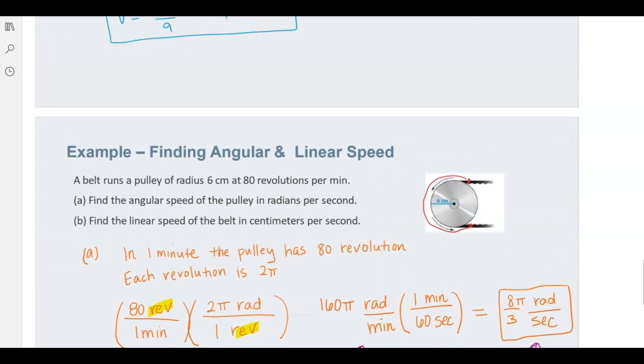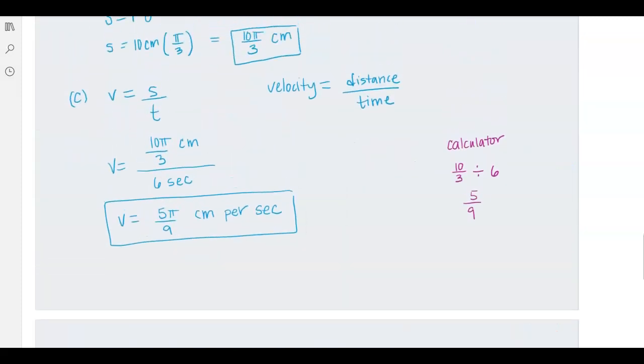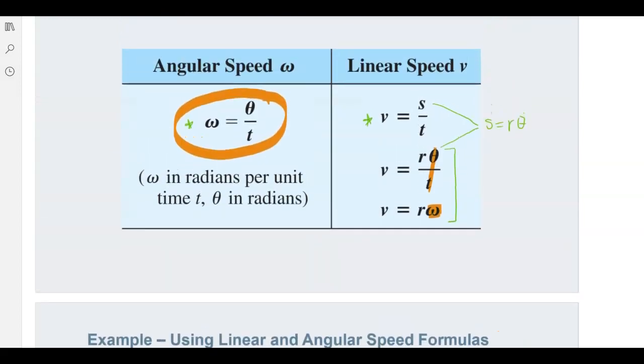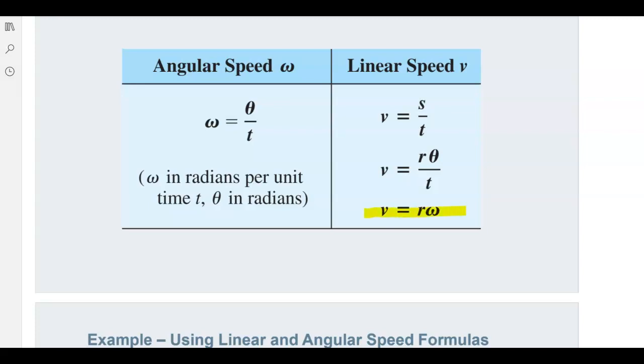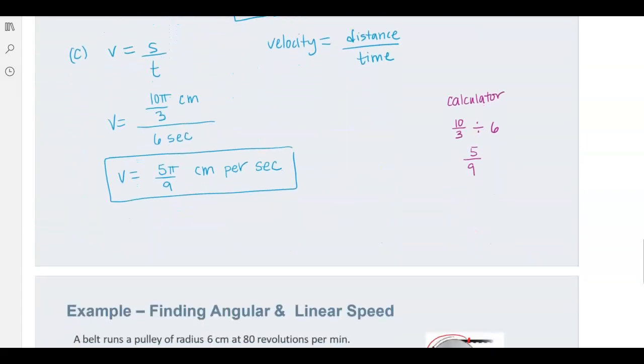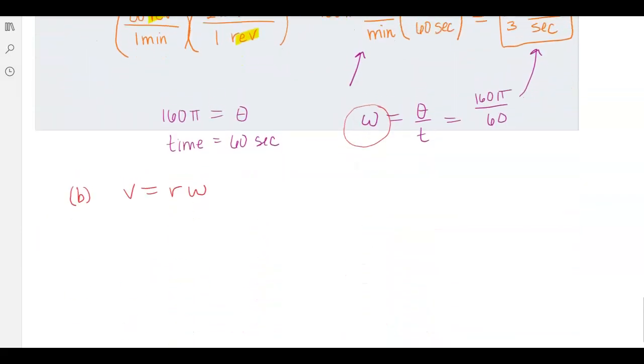So again, going back up to our formulas, we have a number of different options here. We're trying to find the velocity or the speed. And I have 3 different formulas I can use, but I already know the angular speed and I know the radius, so I'm going to go to that version because that helps me based on the other information that I have.